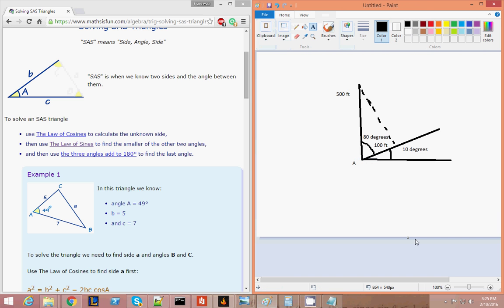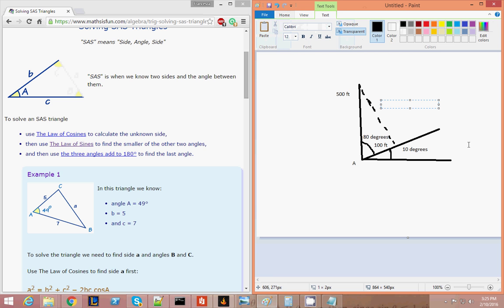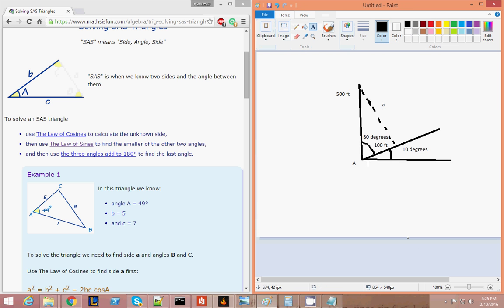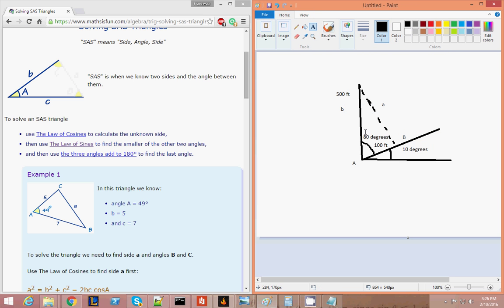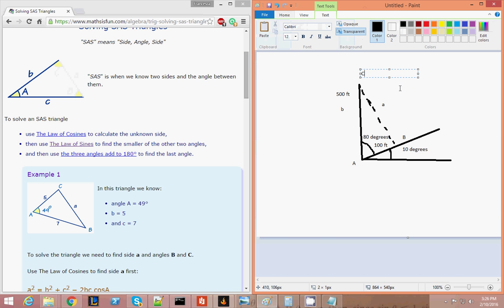We'll say this is B on this end. So then 500 feet over here is going to be lowercase b. And we'll have C up here, and opposite of that is the 100 feet.